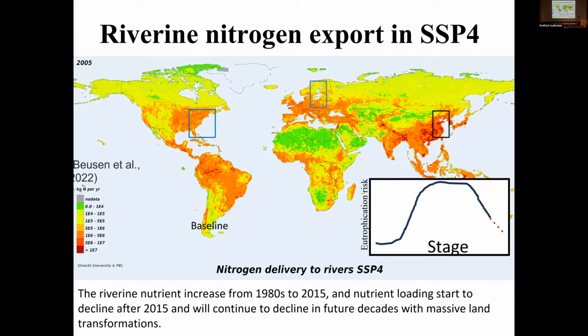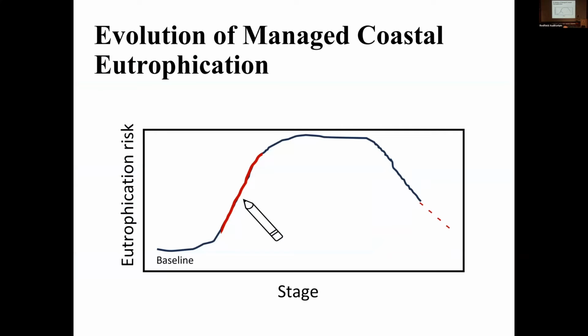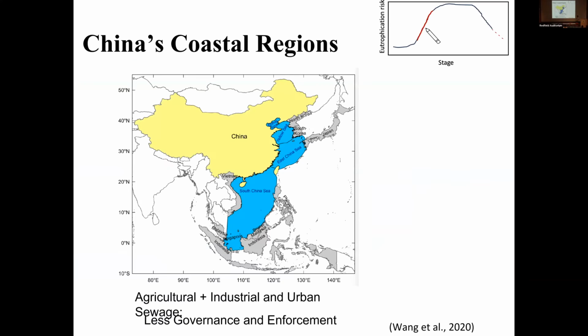And so today I will use these three areas to share with you my understanding about the eutrophication state now in different, very typical coastal areas. I call this the evolution of managed coastal eutrophication, and I will use China's coastal area as the region to describe still at present increasing eutrophication risk.